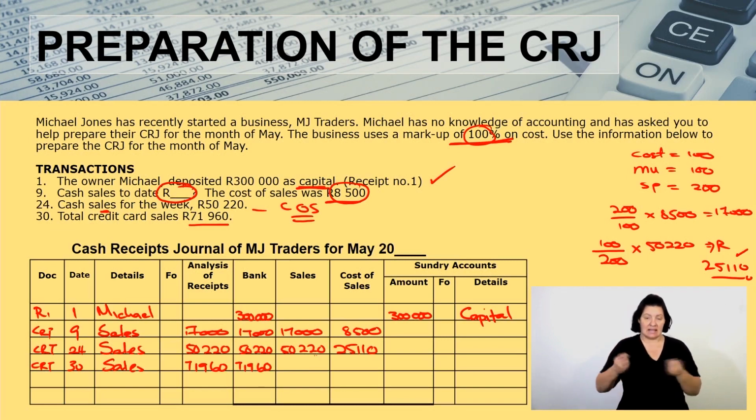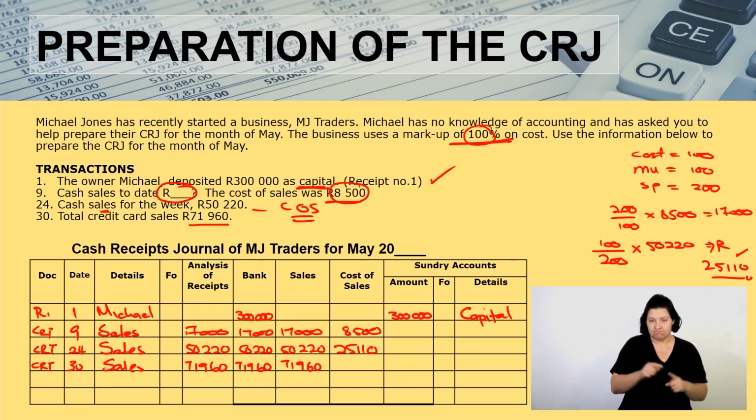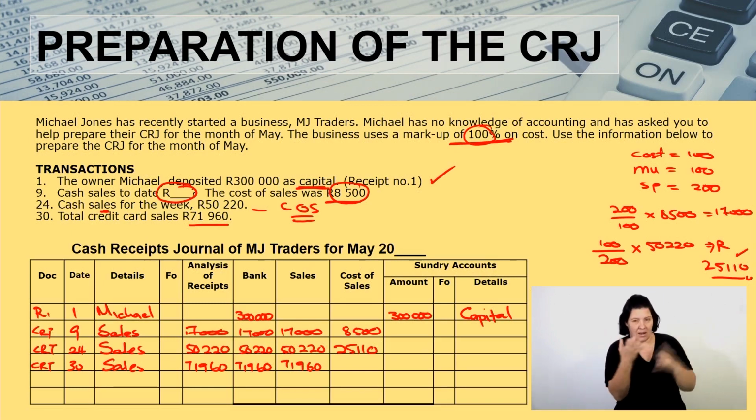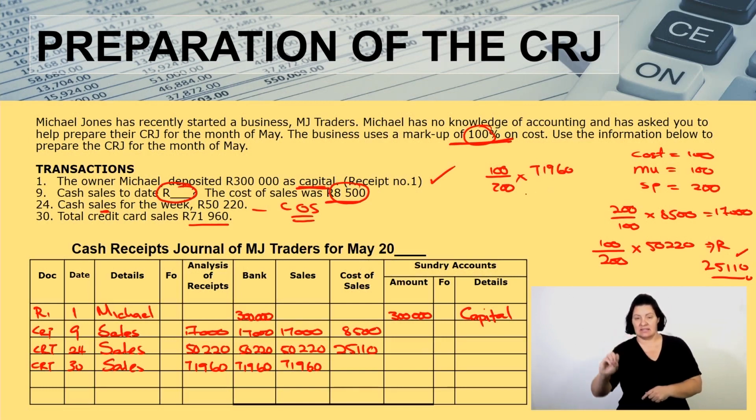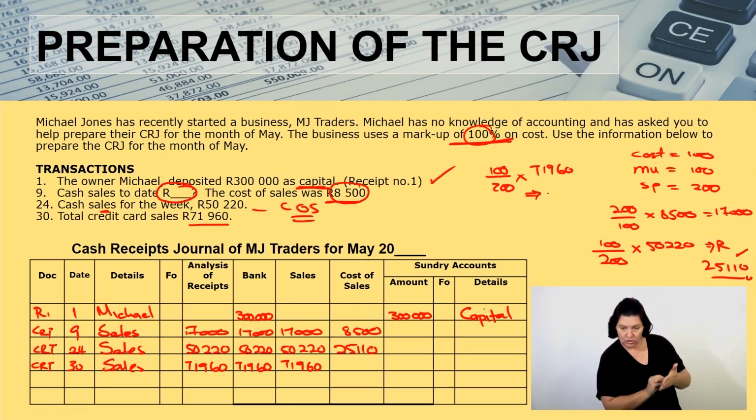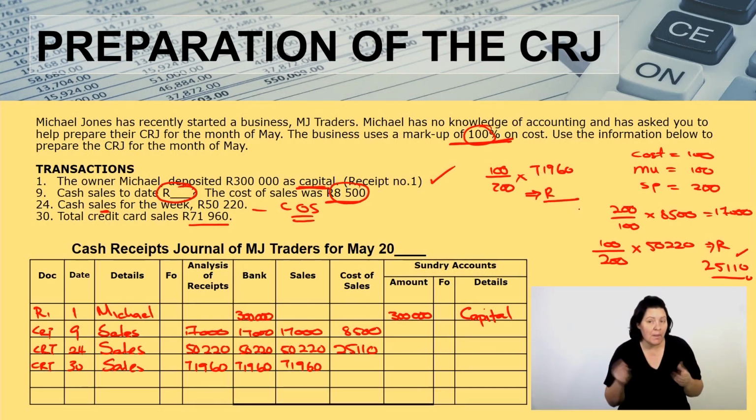On my sales, it's going to be the same again, 71,960. When I now come to my cost of sales, I still need to calculate this. Remember, what you want is 100. What you have is 200 multiplied by 71,960. Let me see those calculators working. All right, I'm waiting for the figure. Thank you so much. How much do you get if you punch that in the calculator?